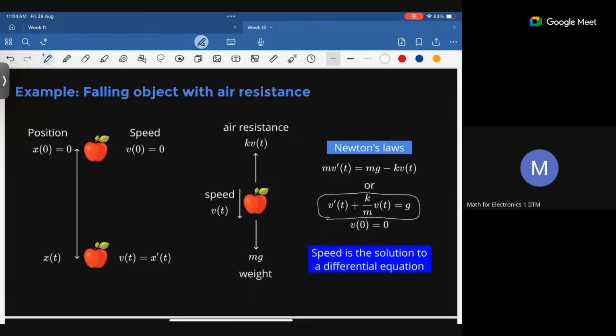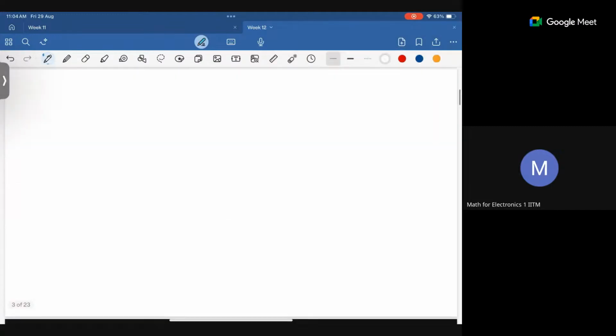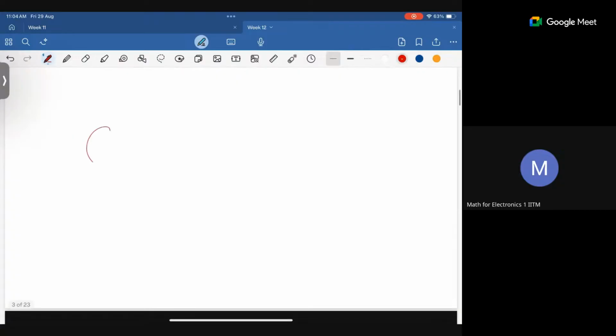We have also talked about what if the object is thrown upwards. This was the falling object with air resistance, whereas if the object is thrown upwards, the directions of the forces will be different. If the object is thrown upwards, v of t acts upwards, but the weight acts downwards.